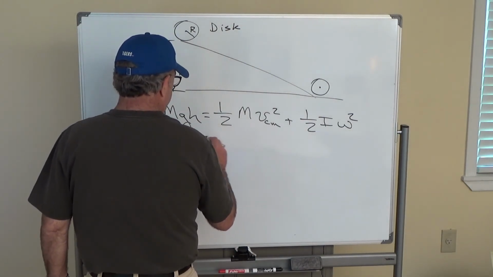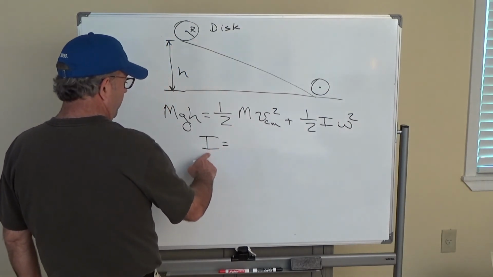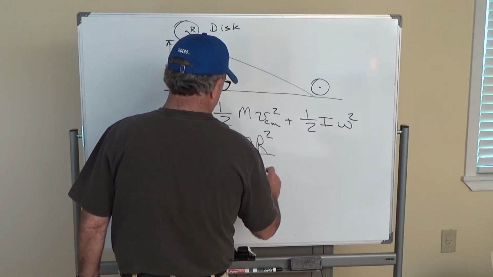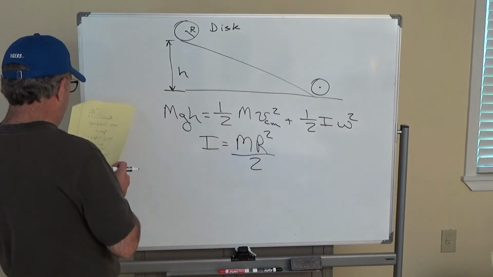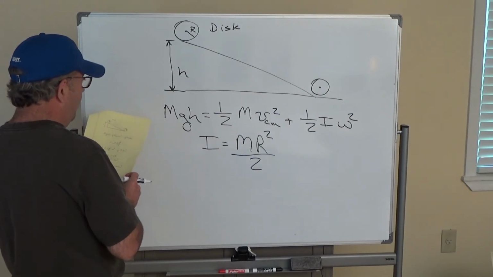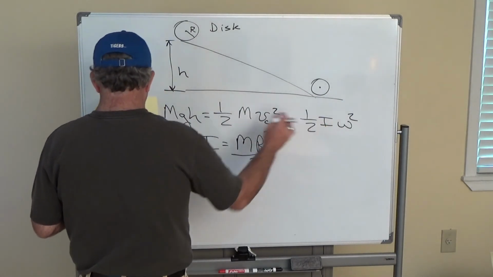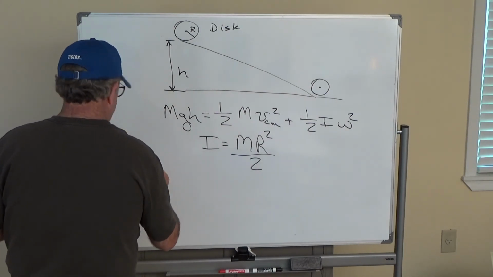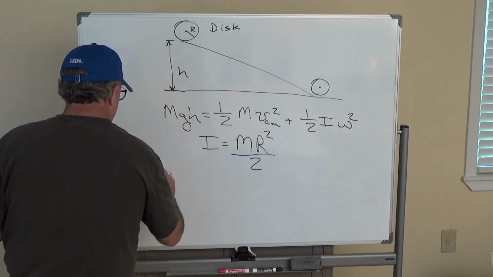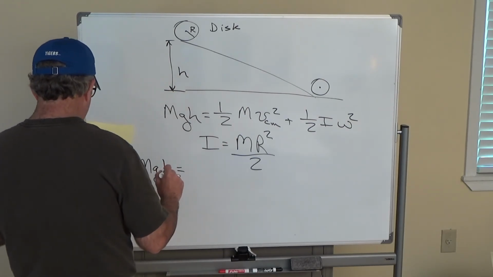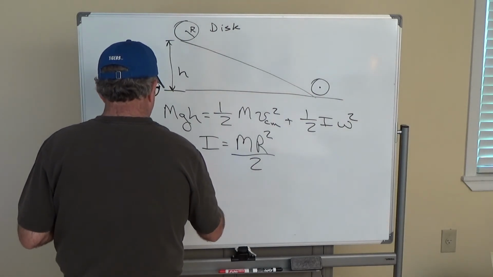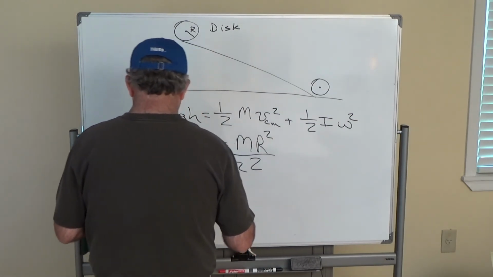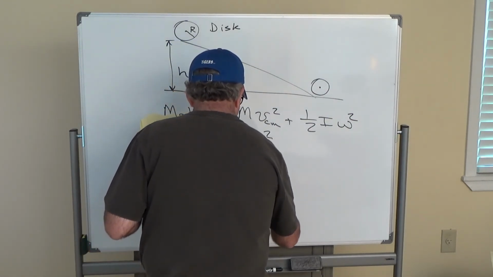So for the disk, the moment of inertia for a disk is mr squared over 2. Okay, so I'll use that for the moment here. And so mgh is equal to 1/2 mr squared over 2 omega squared.